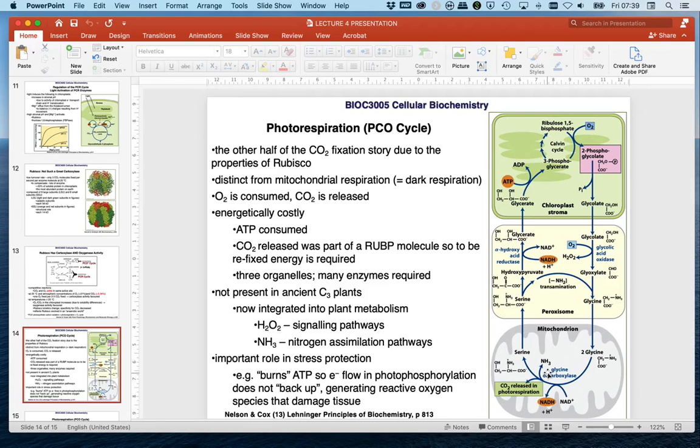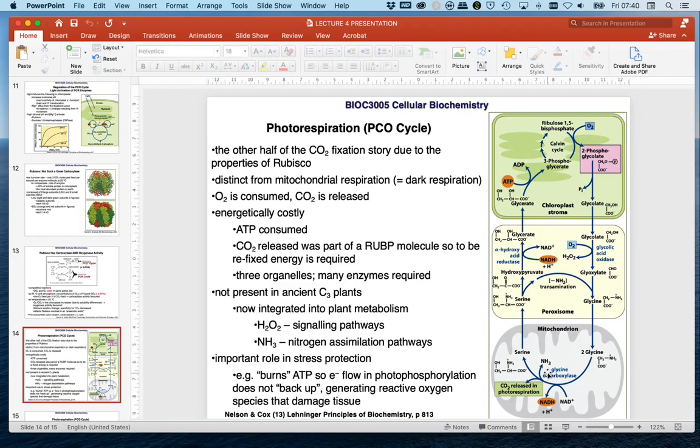The CO2 levels start dropping, okay? But light reactions are still happening, right? That means ATP is being made, but it can't be used because there's no CO2 fixation happening. That means the ATP concentrations will start building up to a point where it stops the proton pumping.